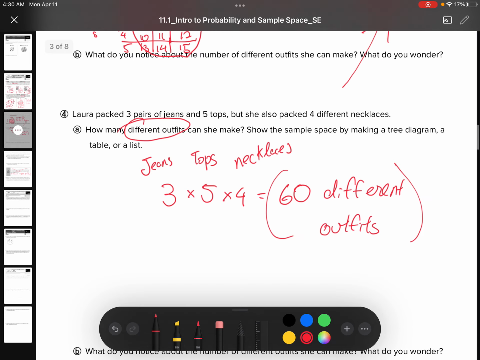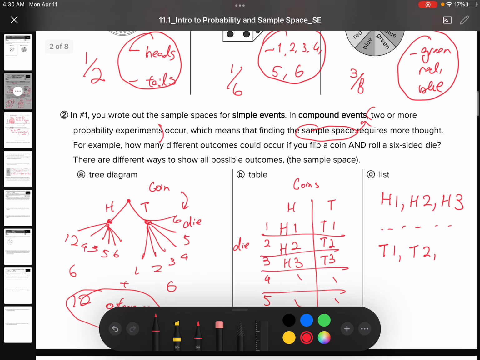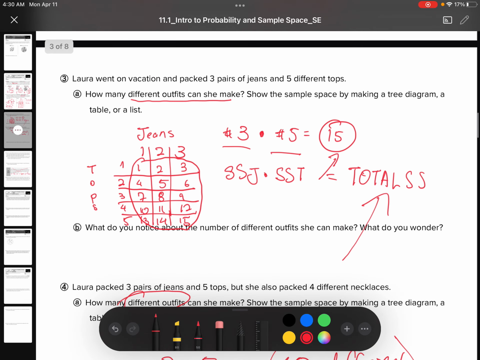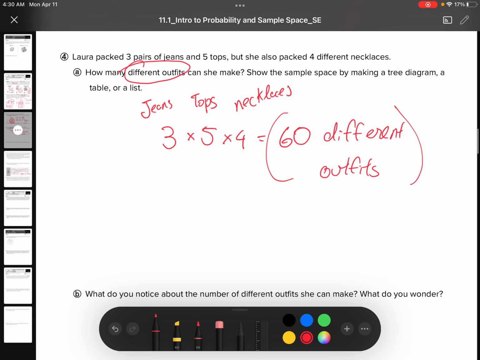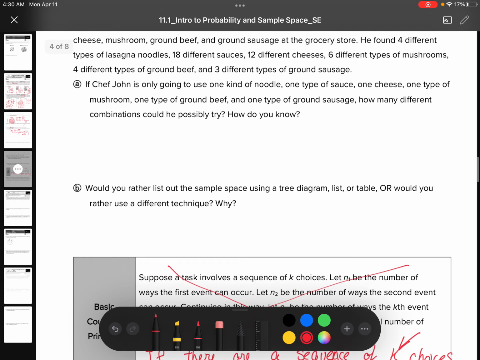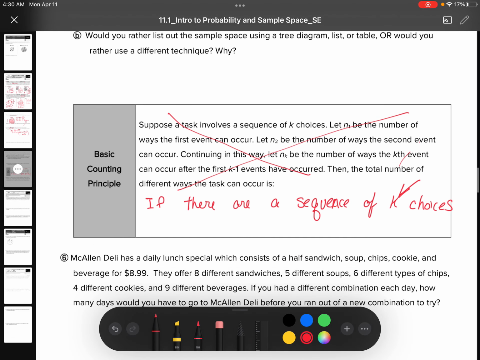In this one, there were 2 choices: a number of jeans and a number of tops. In the next one, we have 3 different choices: jeans, tops, and necklaces. That's what we're talking about when they say k choices.